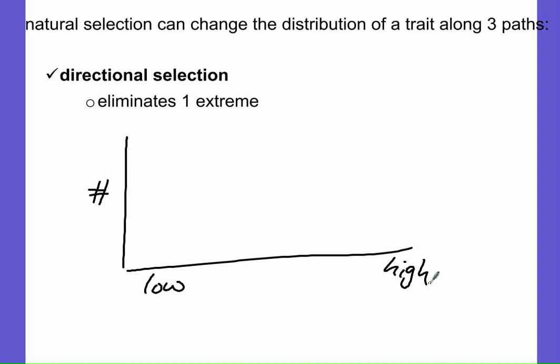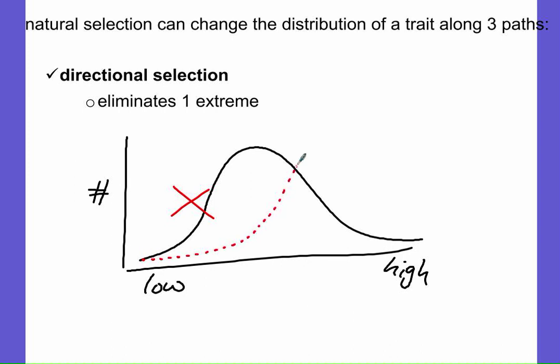And we talked about how because of our use of antibiotics, a lot of the bacteria that would have had low resistance to any kind of drug, right, like penicillin, have been wiped out. And since they've been wiped out, there's actually a new distribution here. So I'm using a different color. You might use a dotted line. I'm doing both things right now, obviously, but if you don't have a different color, you just use a dotted line. Right? Directional selection causes my mean to shift towards one side or the other.